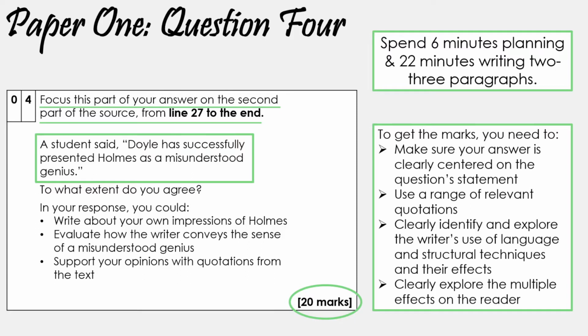The clearer and more detailed you can present your ideas and theories, the more marks are available. So find the devices used and explore their effects. And finally, on question 4, lots of marks available for the effect on the reader. Remember, the question asks you, to what extent do you agree? Now you are the reader, so there are plenty of marks available there.